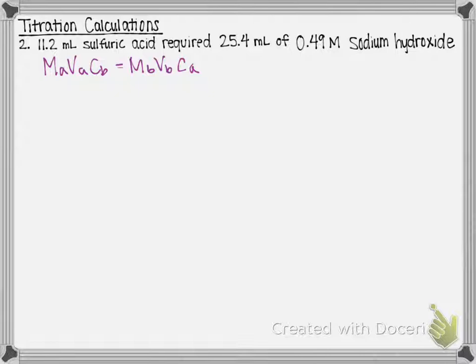Sulfuric acid is an "ic" acid, so that means it comes from an "ate" ending. So sulfate, and SO4 is a -2 charge, so that means you need 2 hydrogens. H2SO4, sulfuric acid, and sodium hydroxide.